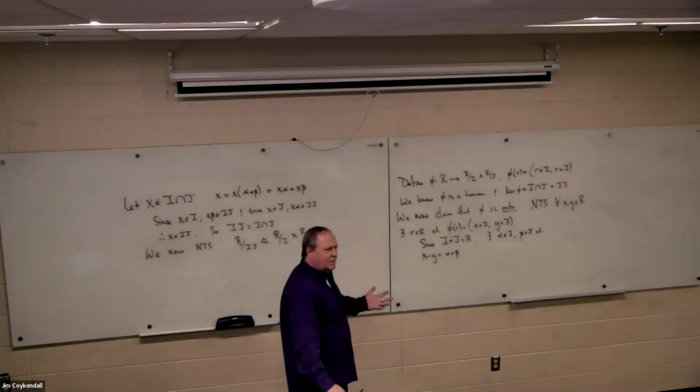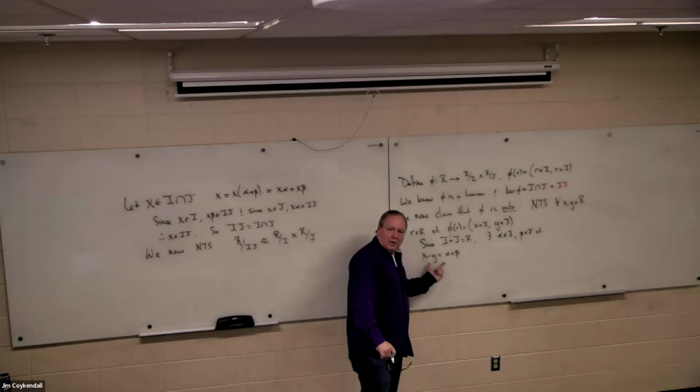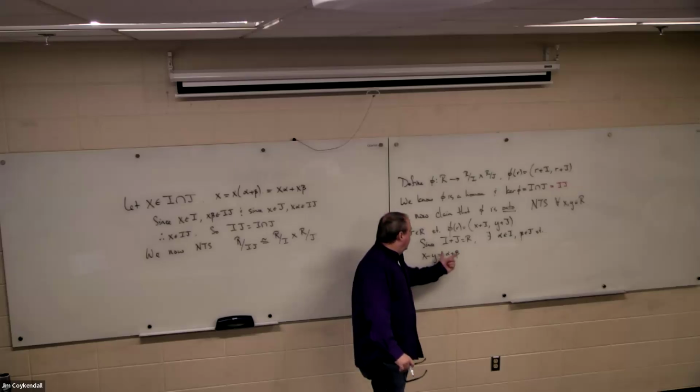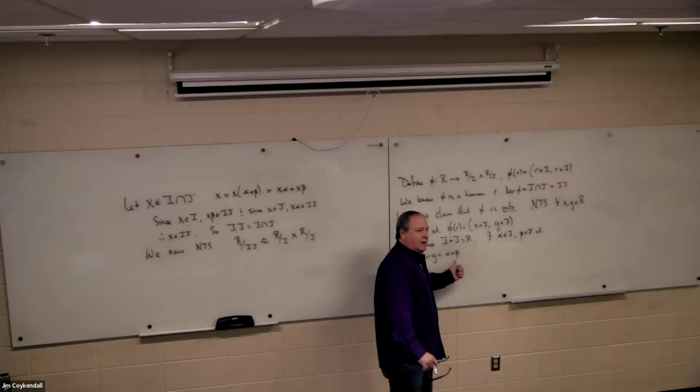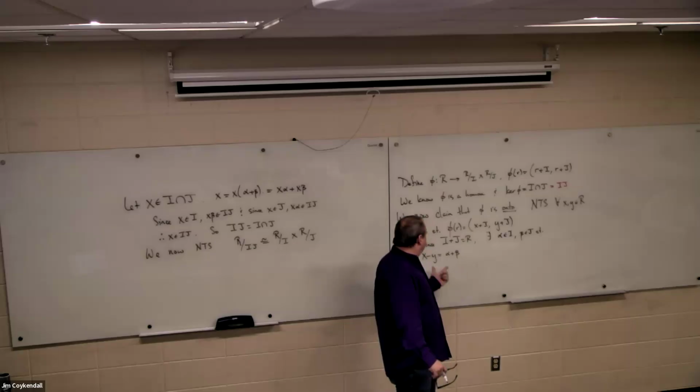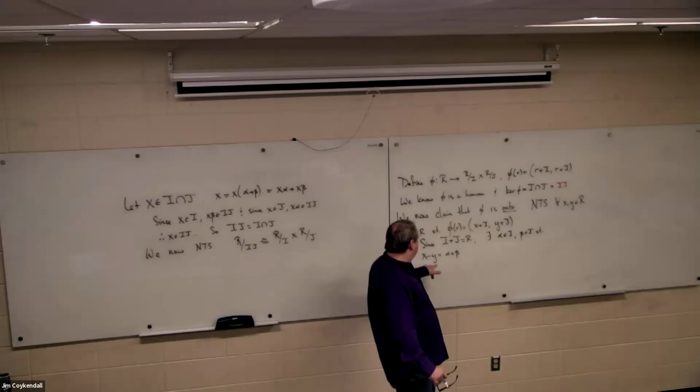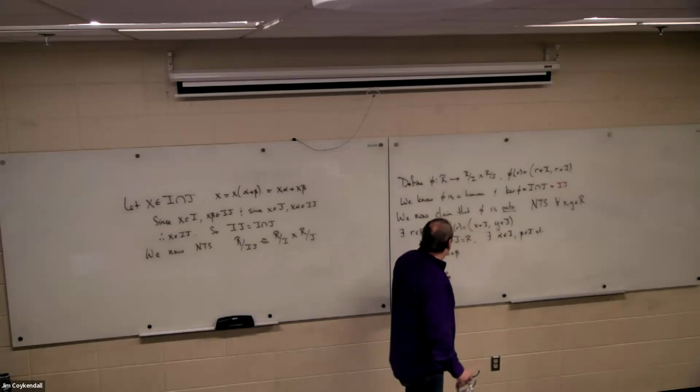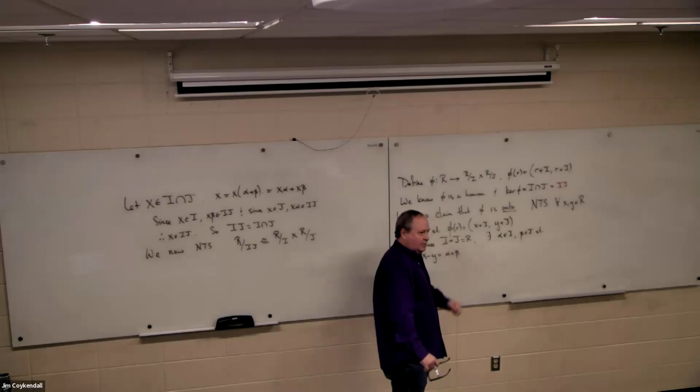Right? I agree with it. Because what is x minus y? Well, it's just some element of R, but any element of R can be written as something in I and something in J. So I'm just going to pick this because I've done this problem and I know what's coming. I've messed around with it. Take the element x minus y and write it as alpha plus beta.